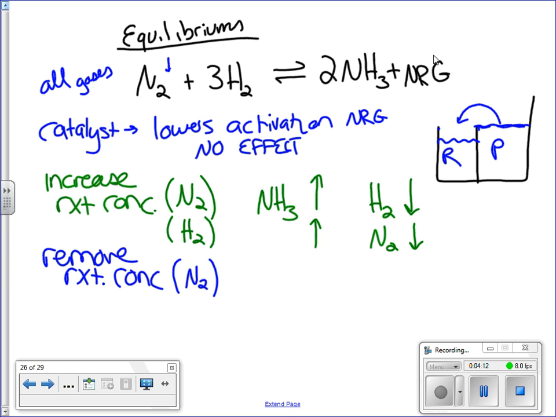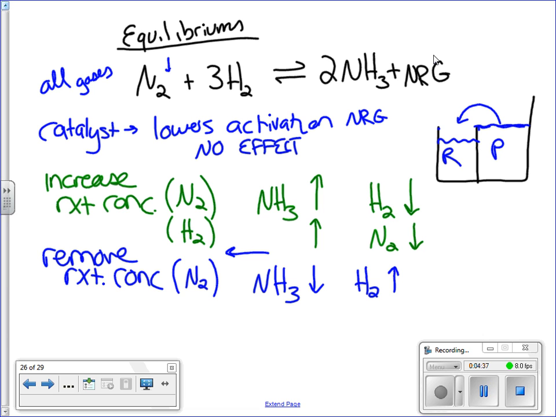So it's going to shift the opposite way, towards the reactants. My amount of NH3 is going to decrease, and my amount of H2, my reactants, is going to increase. Same thing happens if I were to remove a product, but it would be on the product side, so it would go the opposite direction.